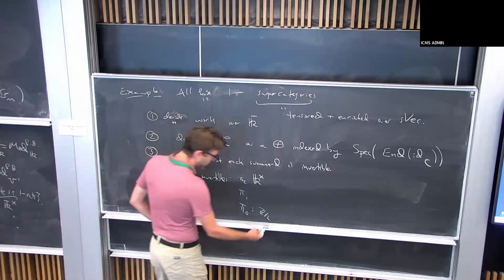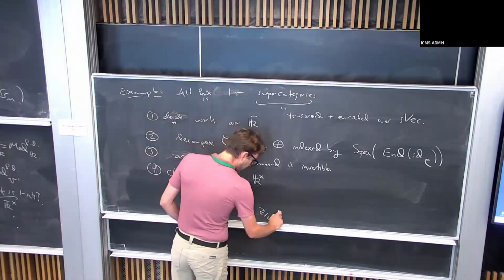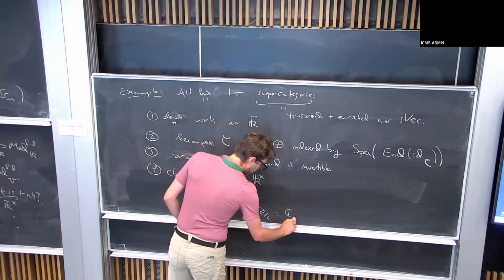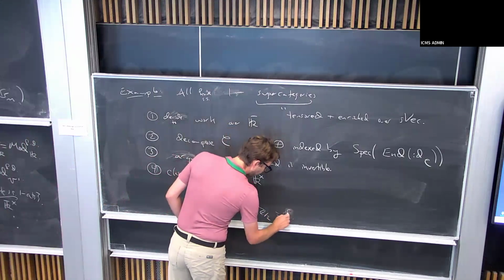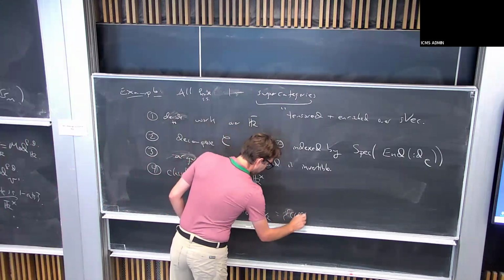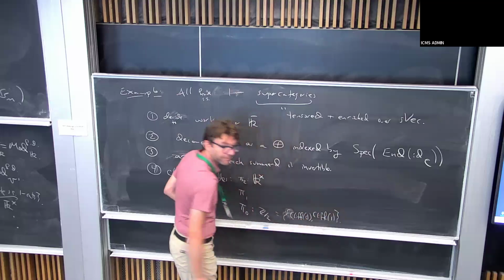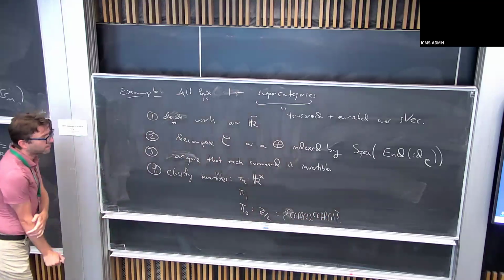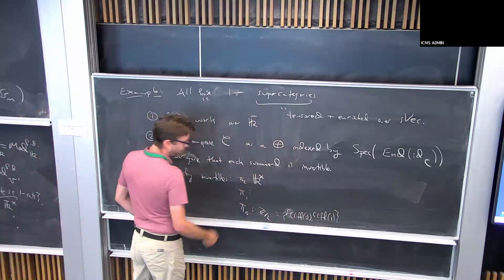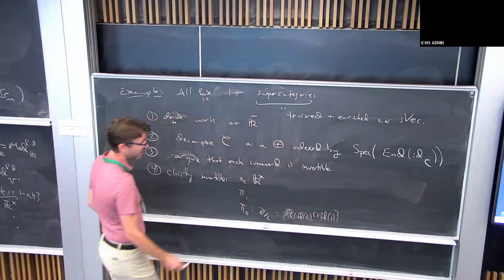They correspond to the 2 division rings. Think of this as like cliff 0 and cliff 1. And of course, pi 1 is the number of super lines. That's also a Z2.